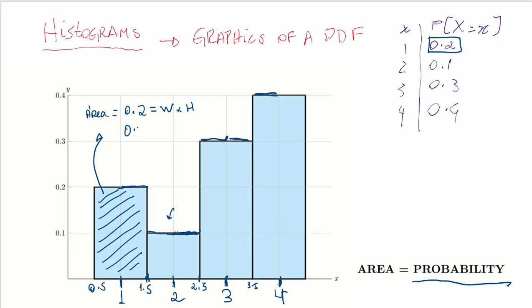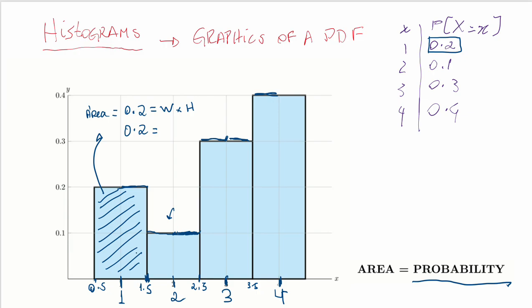Now, let me ask you something. We positioned the rectangles, right? What's the measure of the width of these rectangles? It's 1, right? Why? Well, because it goes from 0.5 to 1.5.